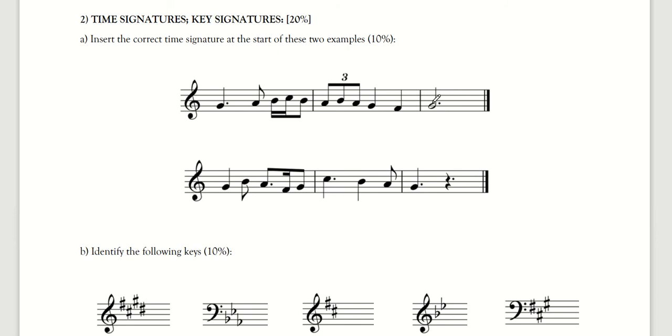So this one seems like an easy one to count. So we have 1 crotchet, 2 crotchets, 3 crotchets. So this bar has 3 crotchets in. Let's count this one. So we have a triplet that lasts for 1 crotchet. This will last for 1 crotchet, and 1 crotchet equals 1 crotchet.